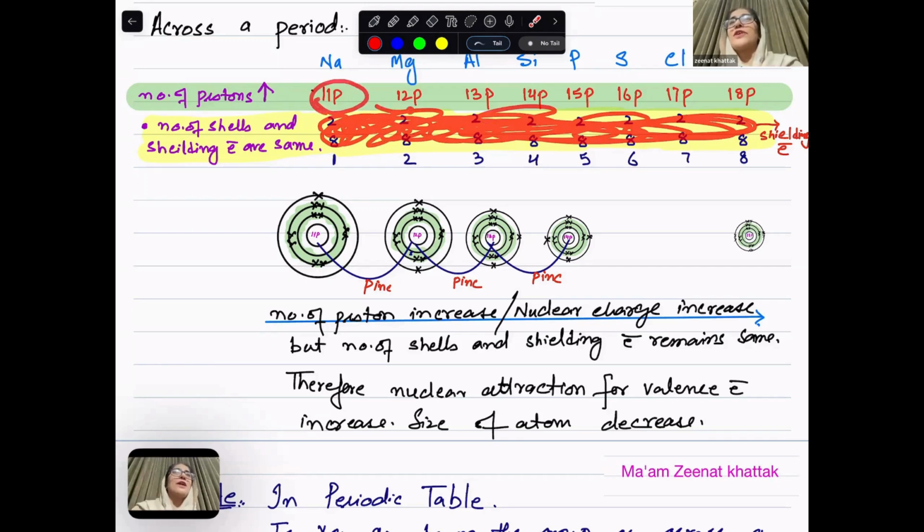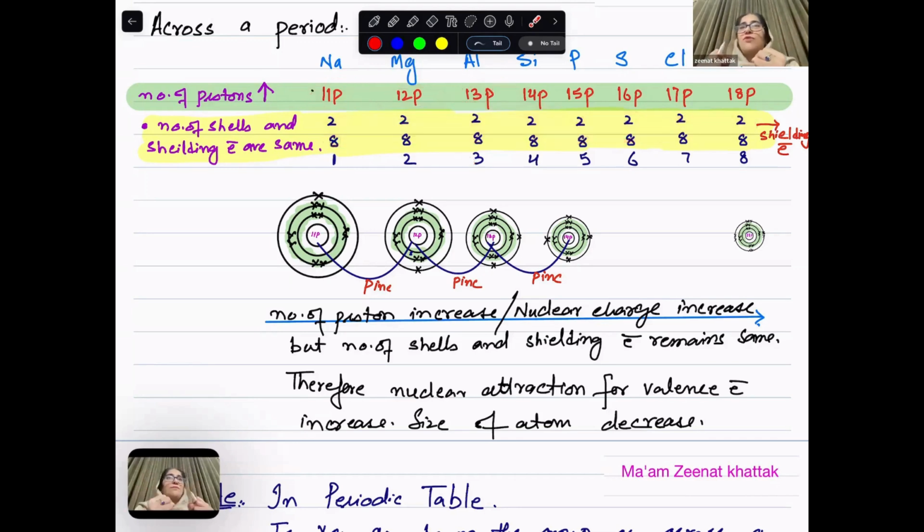The proton attraction is increasing, the effect of the proton is getting more. Look, proton increase, proton increase, but 2, 8 remains same. The 14 protons attract the electron more, the size is getting small, it shrinks. The atom shrinks.